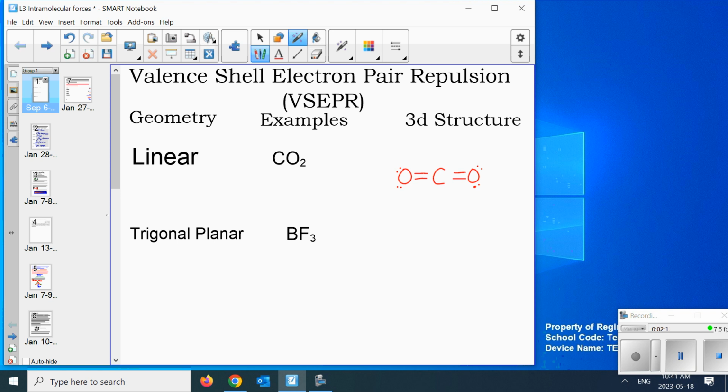So, I'll represent the carbon in the middle, and then this hand is the oxygen here, and this is the oxygen. Now, I want this negative arm, this double bond here and this double bond here, to be as far apart as possible. Obviously, too close together.